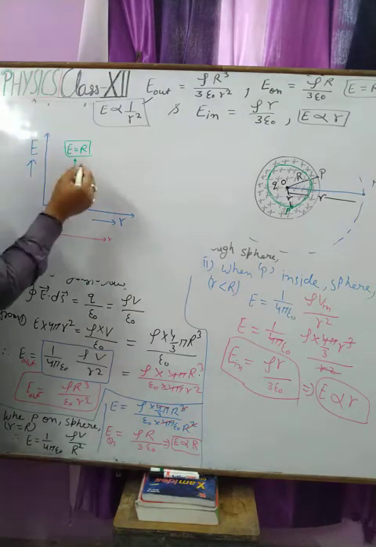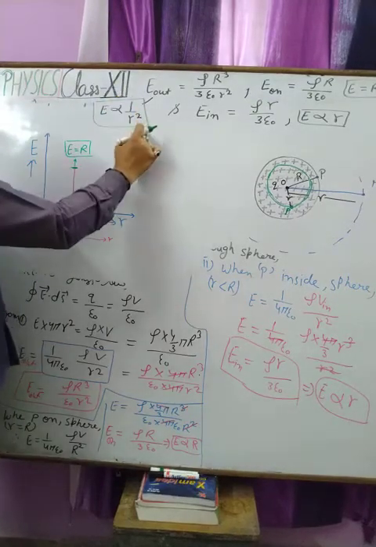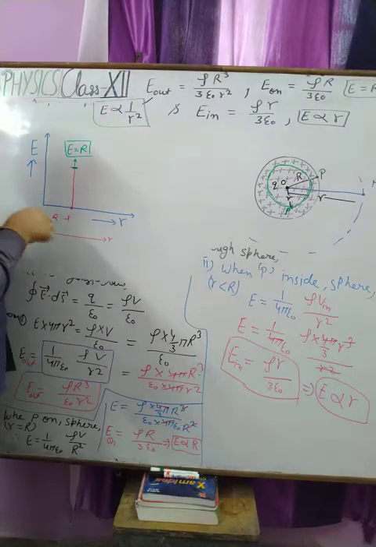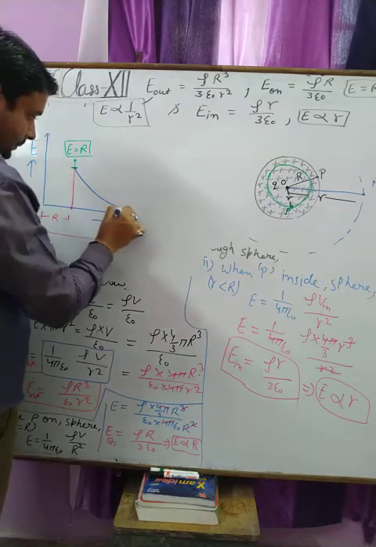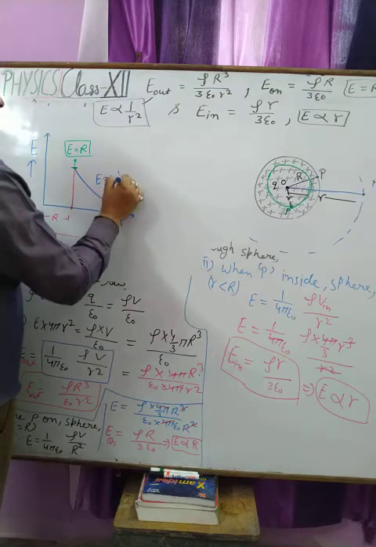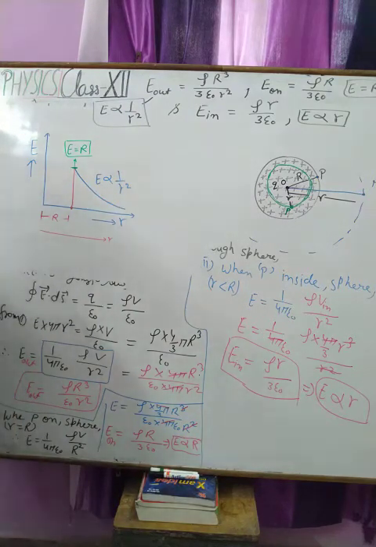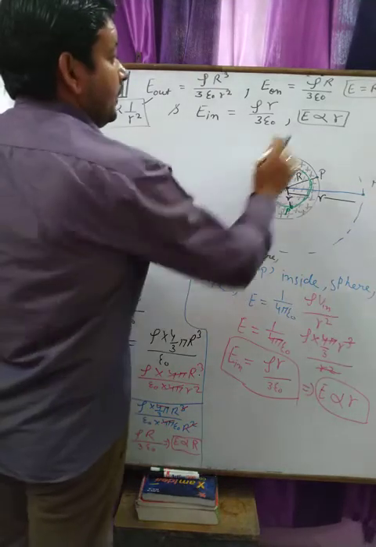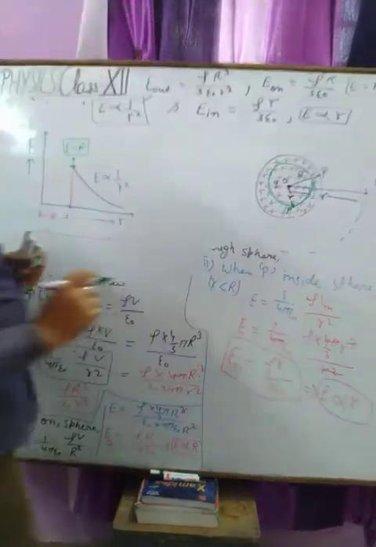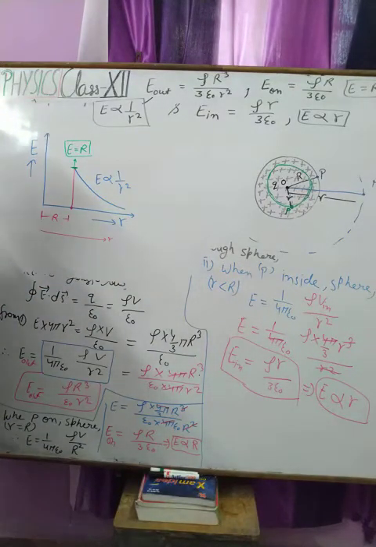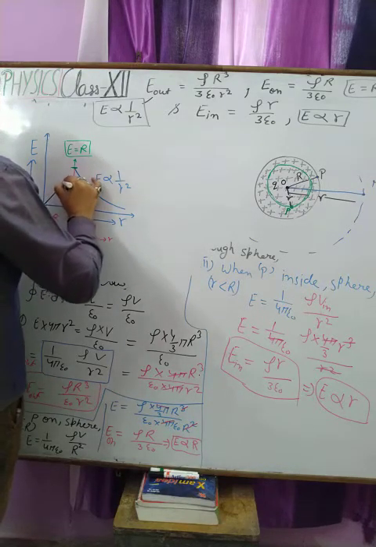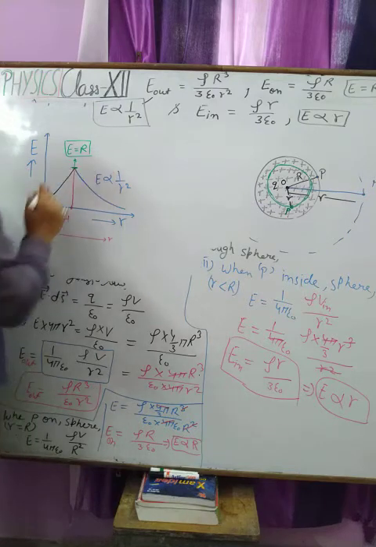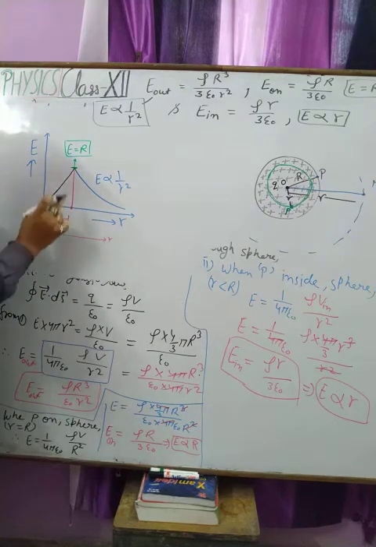Okay, outside the sphere it will deplete by this rule, but inside the sphere it is directly proportional to the radius, that is, as the radius increases through this point the electric field increases, and when it reaches the surface it is equal to the electric field at the surface.